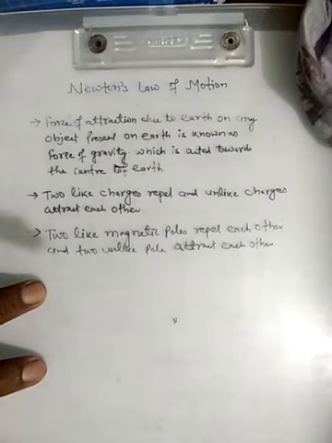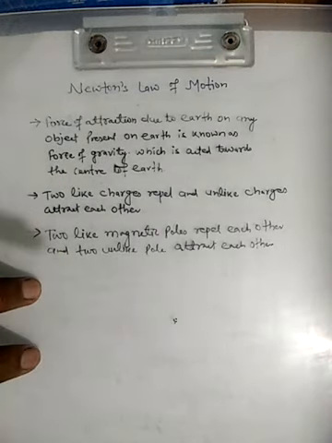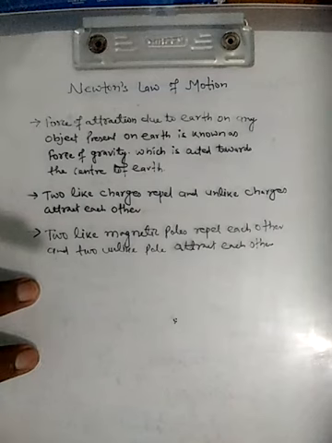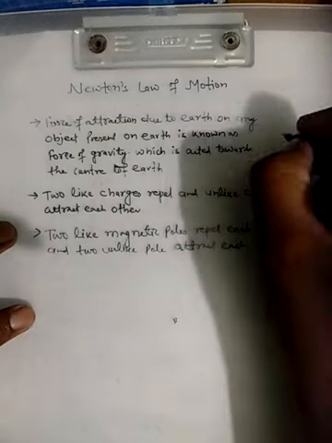The second example of non-contact force is the force of attraction due to the earth on any object present on earth, known as the force of gravity, which always acts towards the center of the earth.